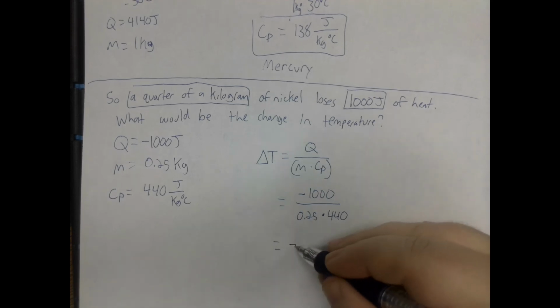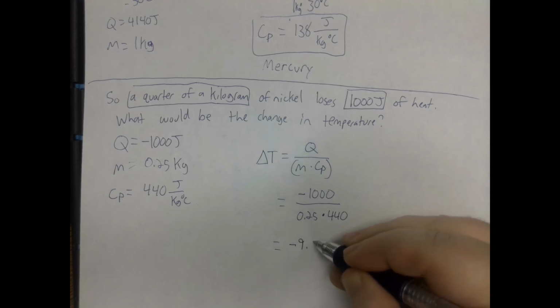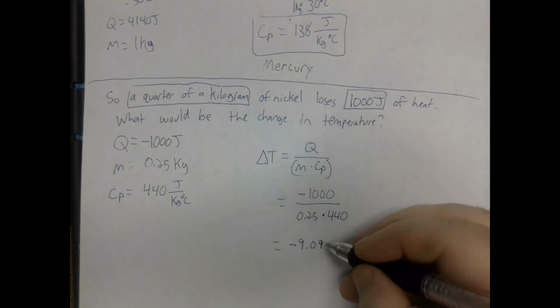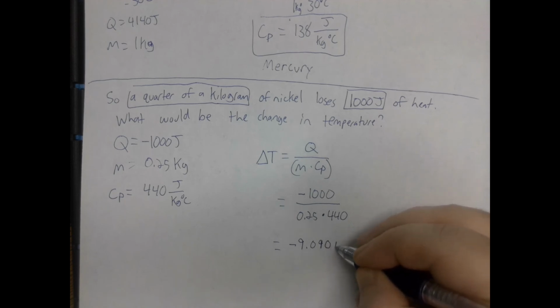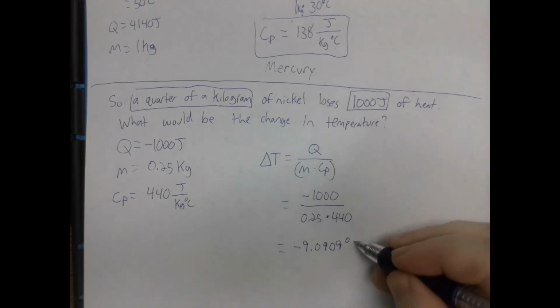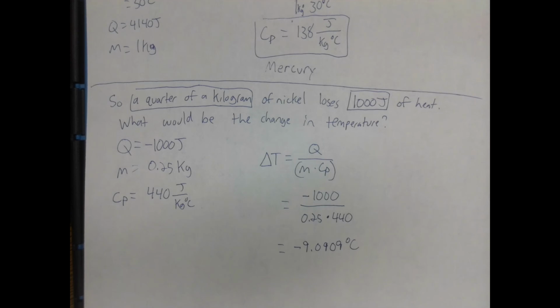And we get negative 9.0909 degrees Celsius. Note it's negative because it loses heat. It's going to get colder.